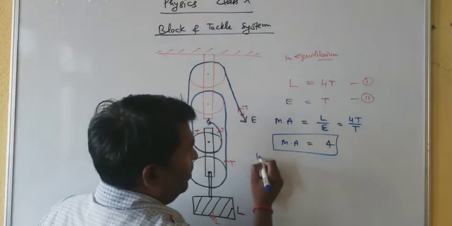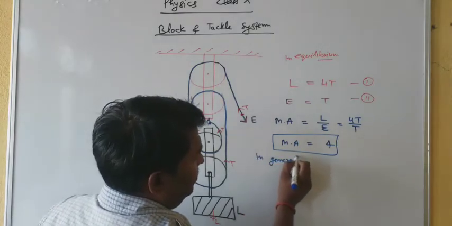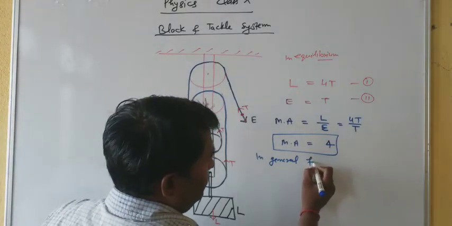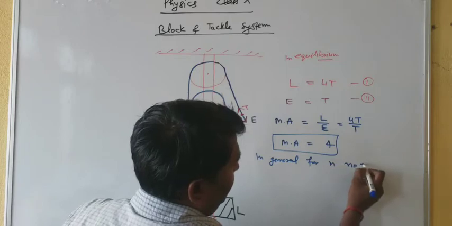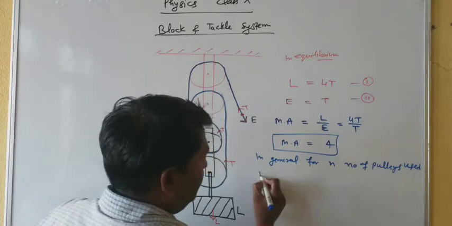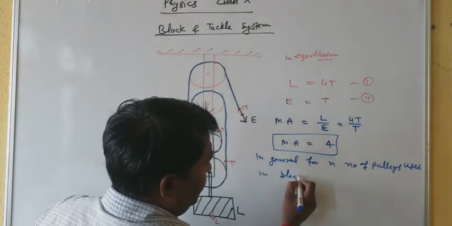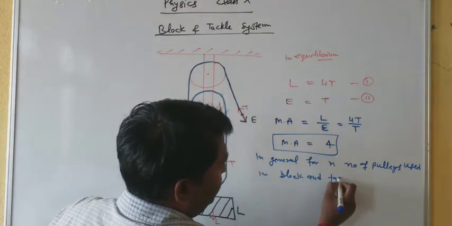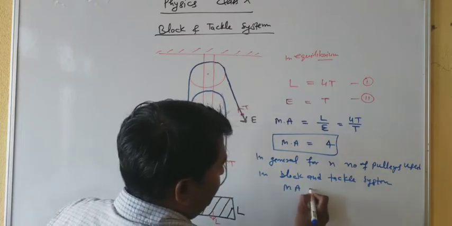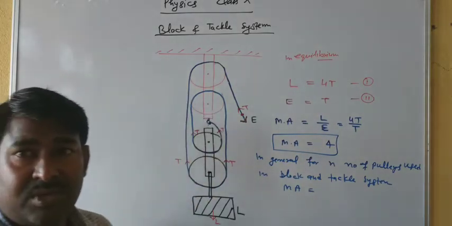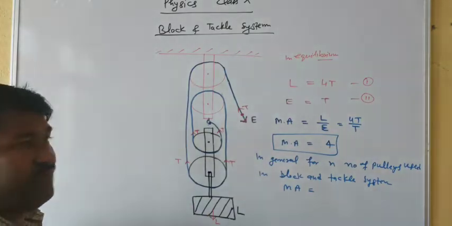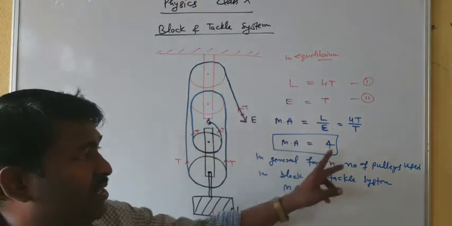In general, for n number of pulleys used in the block and tackle system, since here we have used 1, 2, 3, 4 pulleys, we are getting a mechanical advantage of 4.